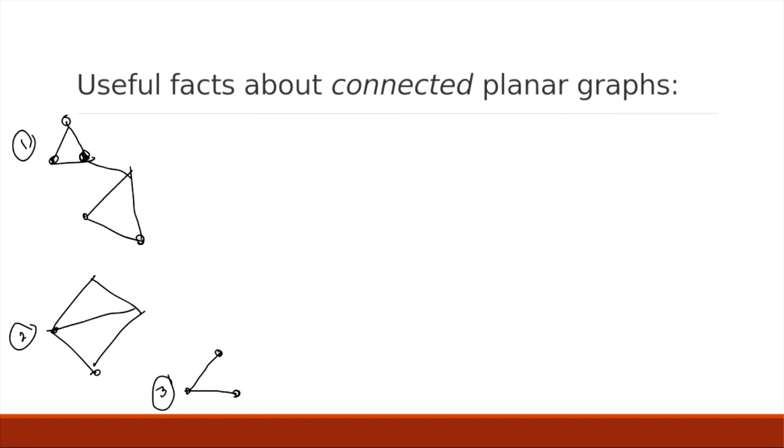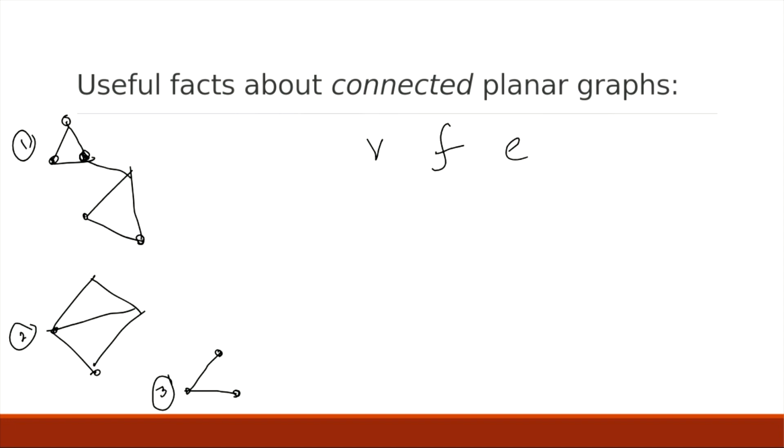What we can do is count some things on these graphs. First of all, we can count the number of vertices. We can also count the number of edges, and we can also count the number of faces, which tells us how many regions this graph cuts the plane into.